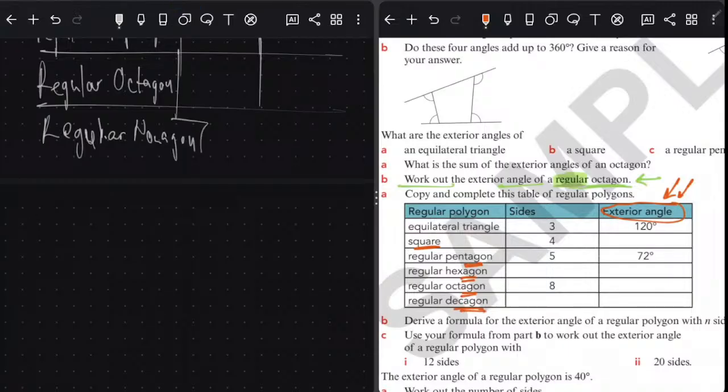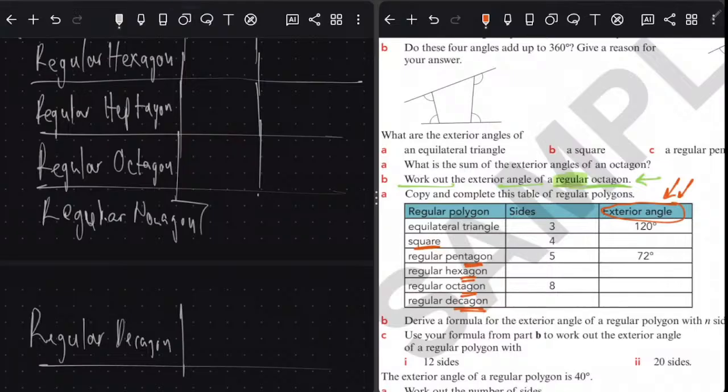Then regular decagon. Find me the exterior angle. Tell me the number of sides and tell me the exterior angle.